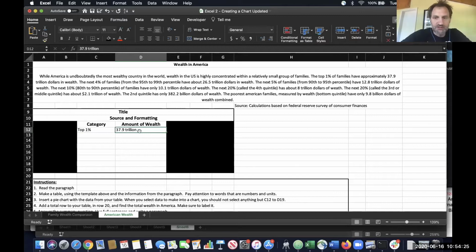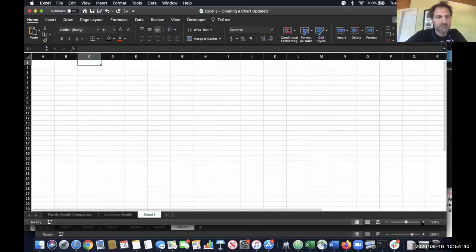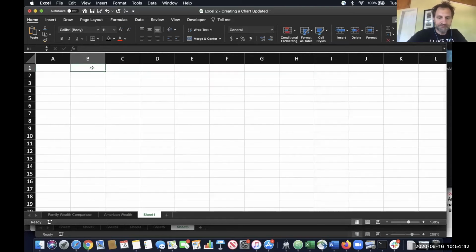So this is good practice for us to do the number word translation we talked about last week. You've really got, I don't know, 4 choices. You can write 37.9 trillion out as a number.